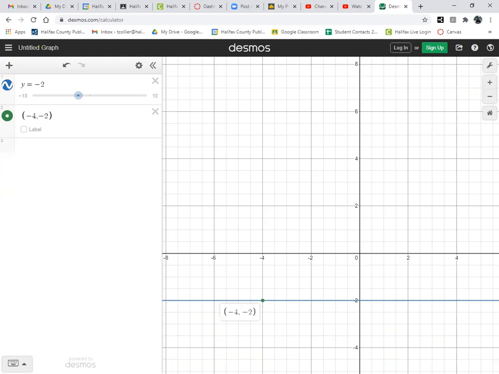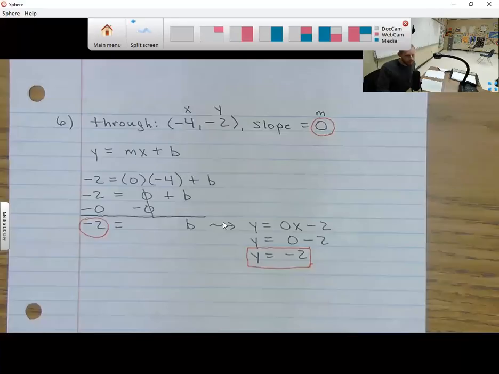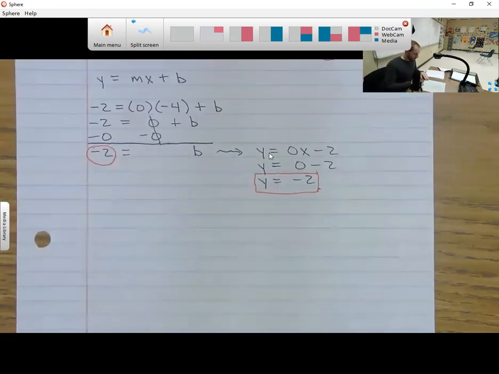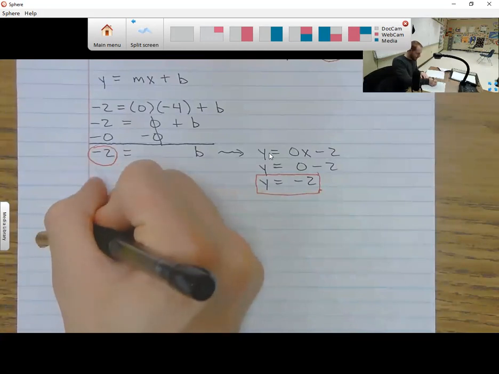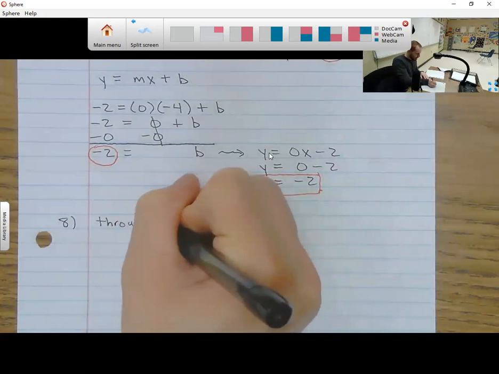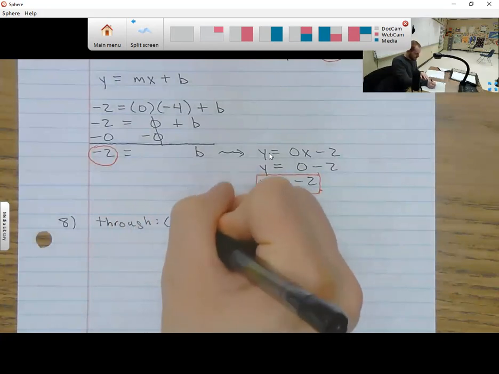So that's that one. Let's go on back to the paper. And let's do one more. Let's do number 8. Okay. So number 8 says the line is going to pass through the points negative 4, negative 5.